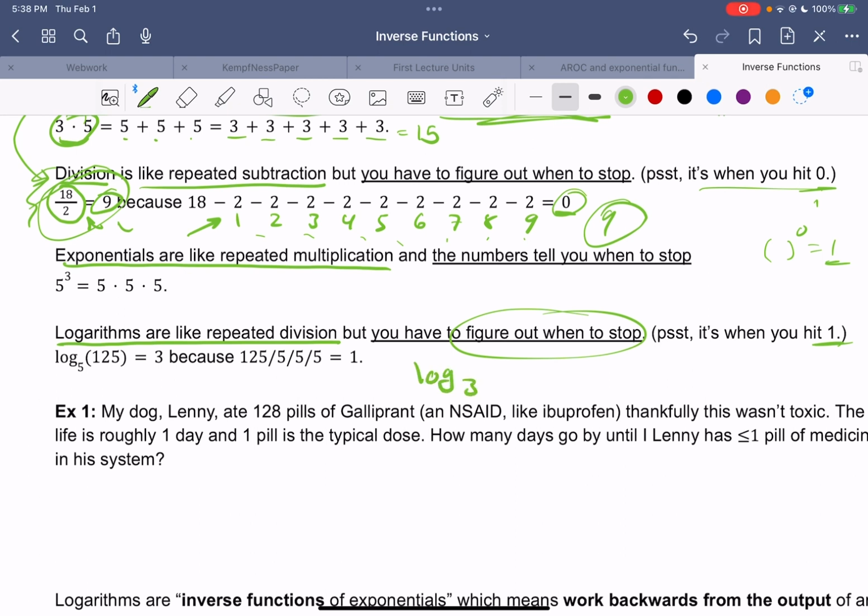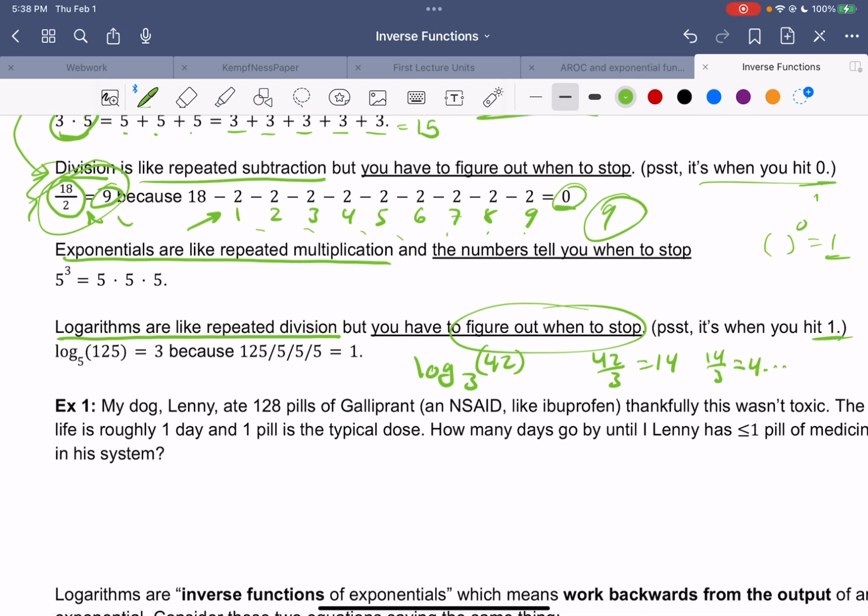Okay, so when I write this, one way to figure it out is to take a weird thing, like log base 3 of 42, okay? So I could say, well, 42 divided by 3, what is that? Well, 42 is 7 times 6, so I'm going to get 14. And then 14 divided by 3, well, that's going to be like 4-point stuff. I don't need to know exactly, right? 12 is 4 times 3, and 5 times 3 is 15, so this is somewhere between 4 and 5.